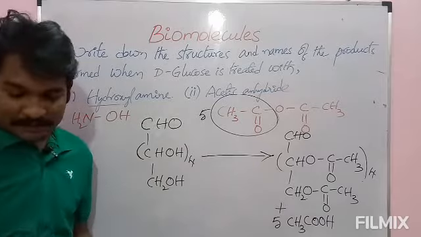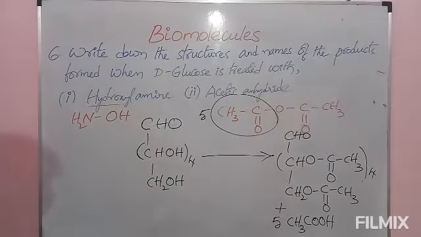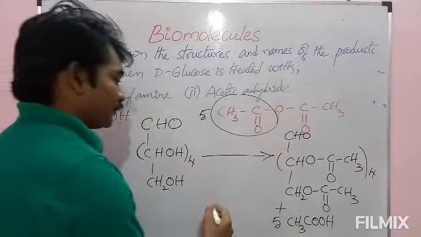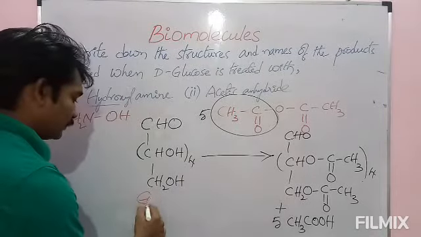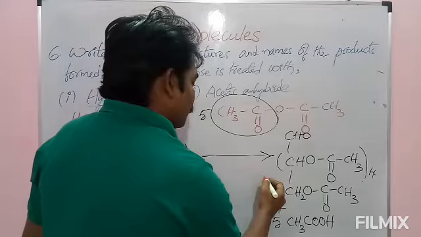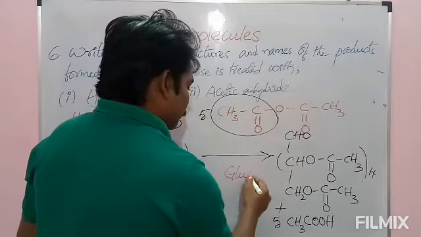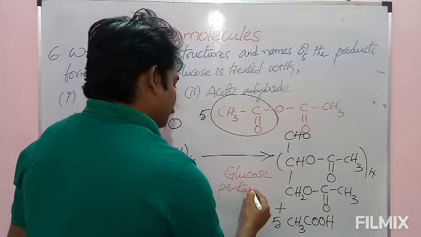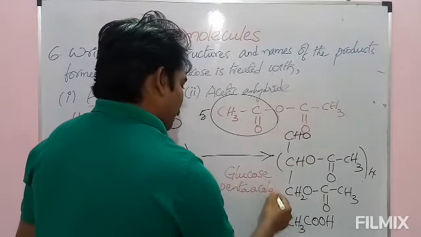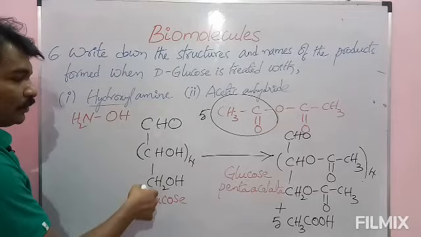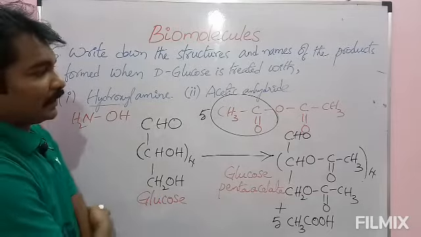Please note down the structure, and the name of the compound is glucose pentaacetate. Glucose pentaacetate is obtained when glucose is treated with acetic anhydride.